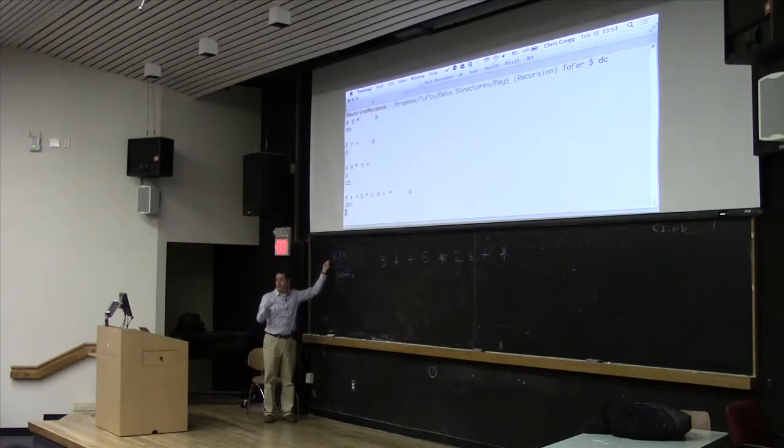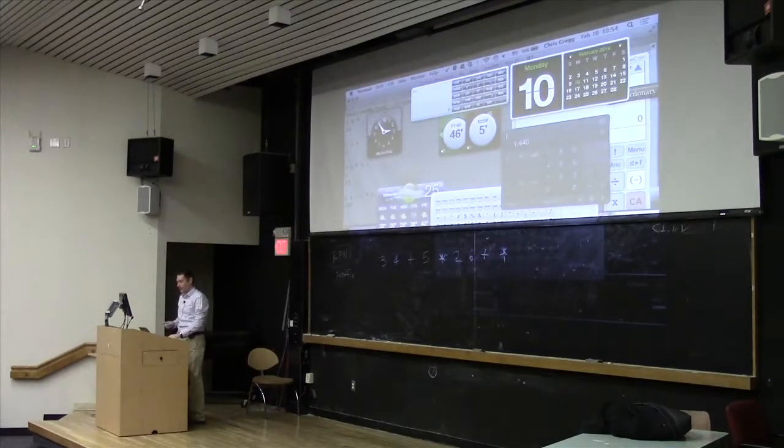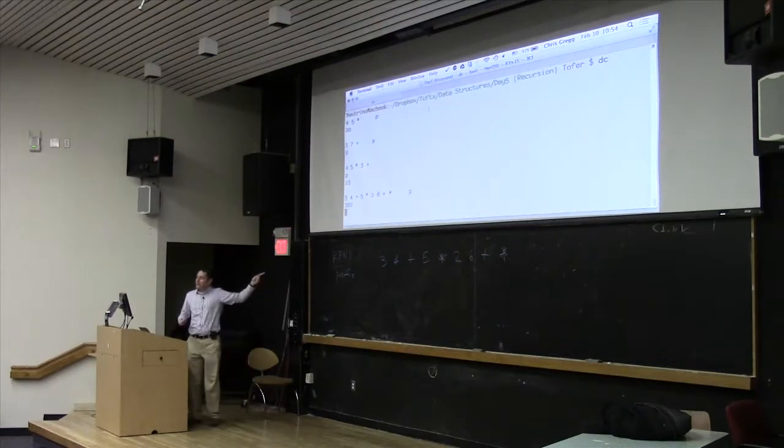A couple people ever used one? No, yeah. You can use DC if you'd like and try it out. I have one up here on my computer that I use sometimes because sometimes it's actually easier, and we'll see why. By the way, two things about this. When we're doing this, we don't need parentheses, which is very nice.